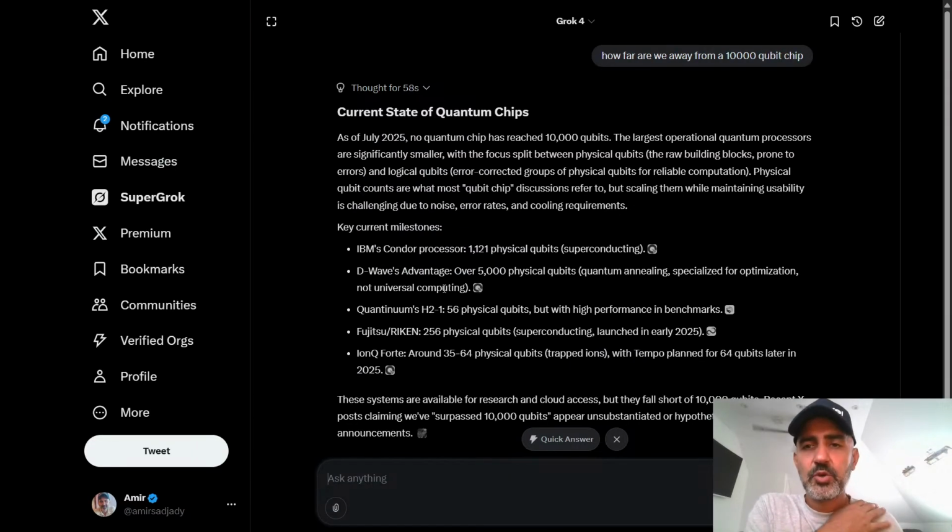The largest operational quantum processors are significantly smaller, with the focus split between physical qubits and logical qubits. IBM's Condor processor is 1,121 physical qubits, and D-Wave's Advantage over 5,000 physical qubits, specialized for optimization, not computing.